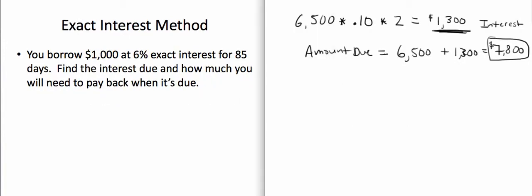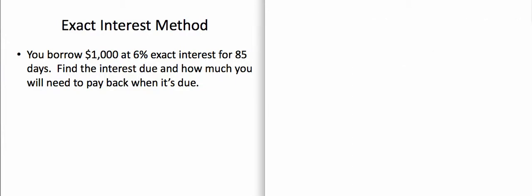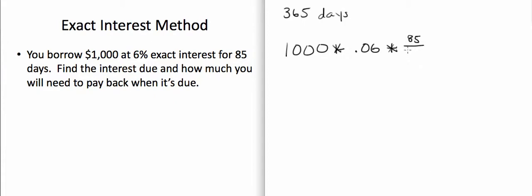Okay, what you also have is an idea of an exact interest method. So this would be if you're borrowing money and it's for a certain amount of days. So exact uses 365 days as their time period. Okay, so it's 1,000, your principal, times your rate, which is 0.06, and then your time is 85 days, so that's 85 divided by 365 days.